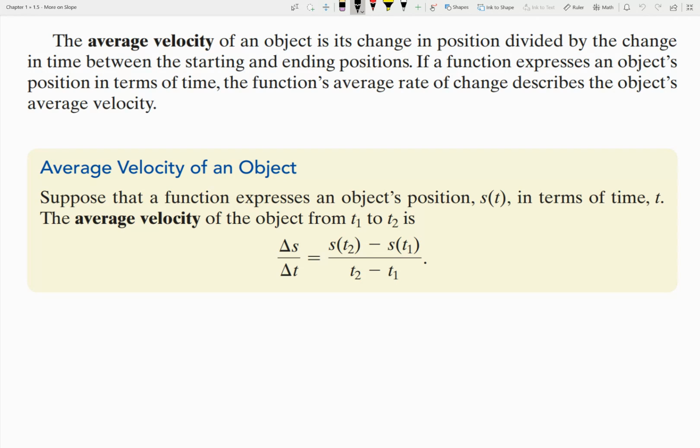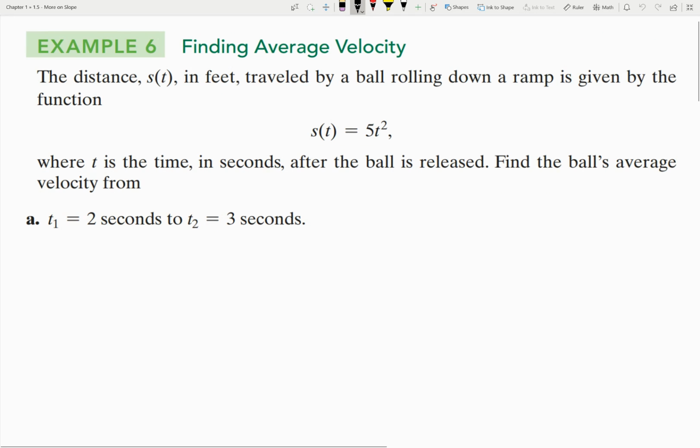So as long as our function describes the position in terms of time, the formula for average velocity is exactly the same thing as the formula for rate of change, right? But instead of f of x2 minus f of x1 over x2 minus x1, we just have a position function in terms of time. Okay? And we can calculate this exactly the same way by finding the slope of the line between the two points.